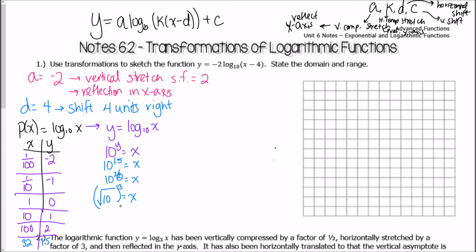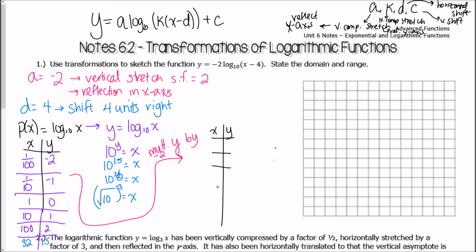So now that we have some values for our parent function, let's go ahead and do our transformation. The first thing we have is a is -2. So that means that there is a vertical stretch with a scale factor of 2, and you're reflecting in the x-axis. So we're essentially just going to multiply y by -2. Okay, so let's go ahead and do that. When I do my chart, x is going to stay the same values.